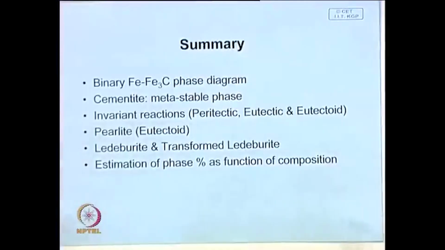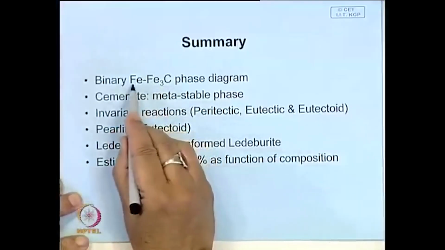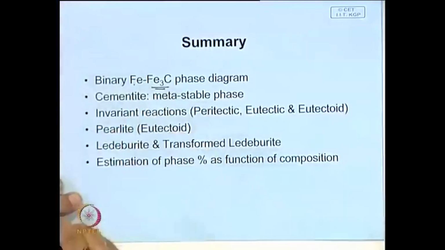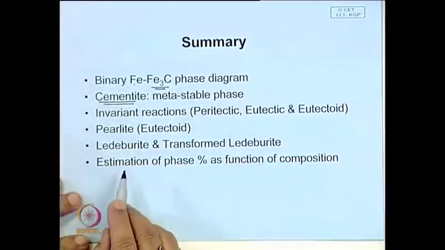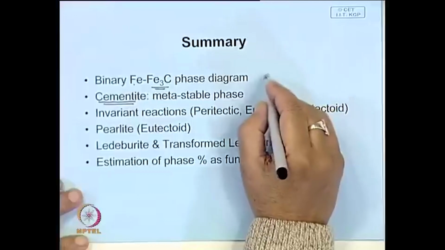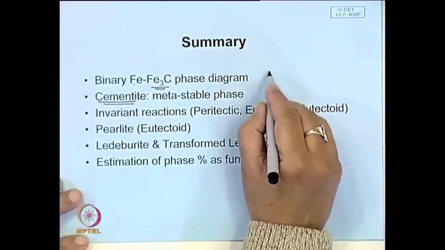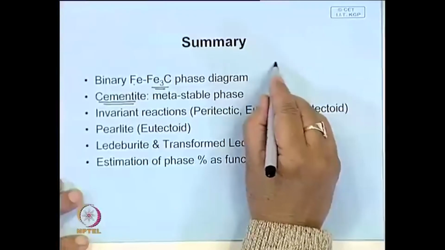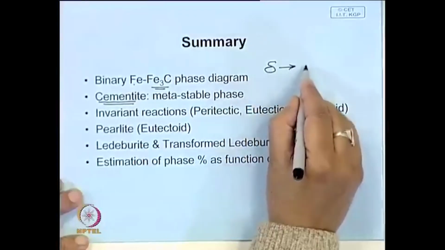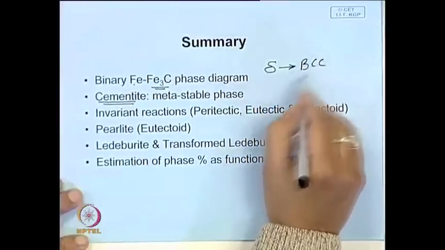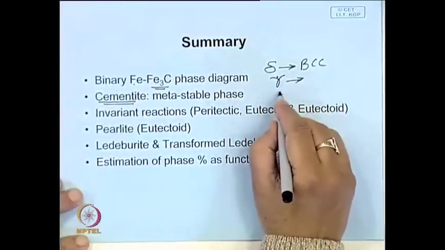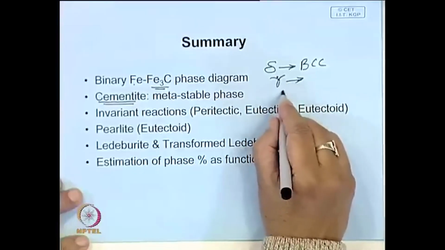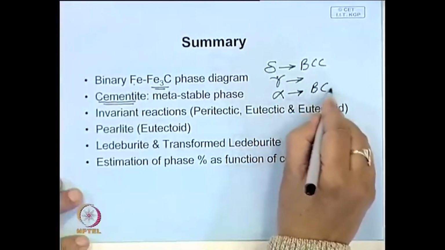So, today what we did so far is we looked at the binary iron-carbon phase diagram. It is basically the iron-cementite phase diagram. We talked about cementite, which is a metastable phase. We also talked about the crystal structures of iron and what they are known as: delta, which is BCC, then austenite, and then the low temperature BCC structure called ferrite.